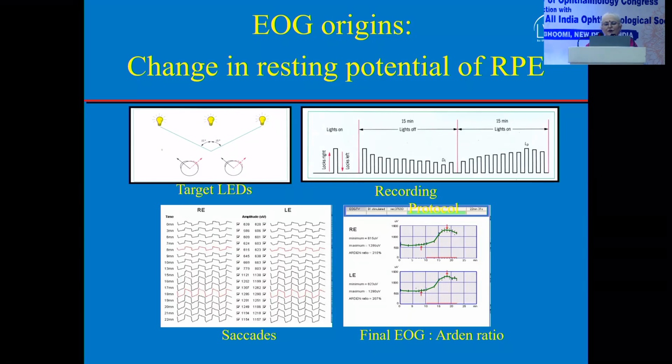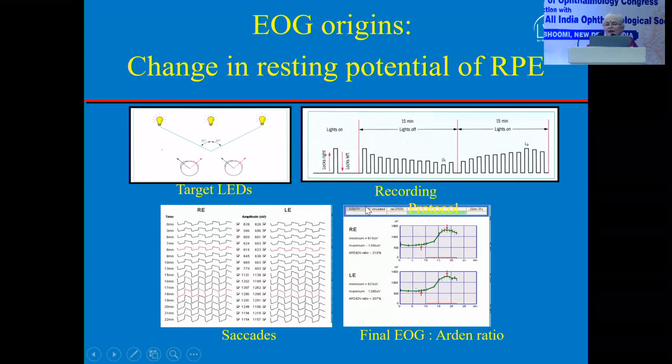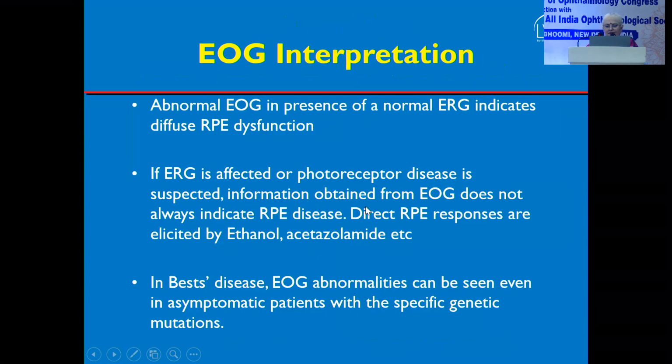Now if you see carefully, the potential is very big because it is in millivolts. What I was showing before was in microvolts. So the ERGs, VEPs, multifocal ERGs are all in microvolts, whereas the EOG is in millivolts. Once you put light on the eye, the potential of the RPE changes and it rises, and that is what we call the light rise.